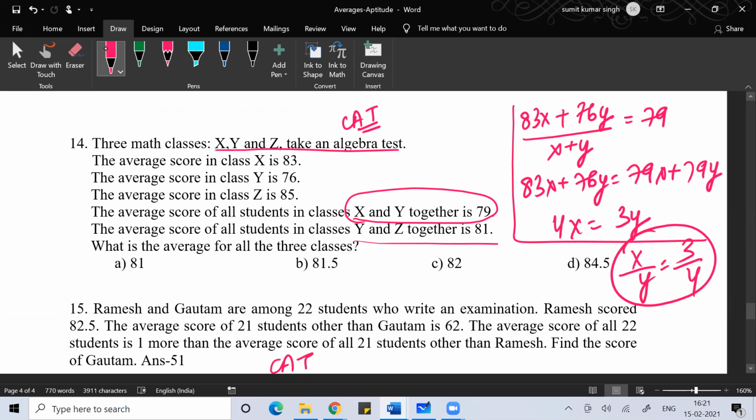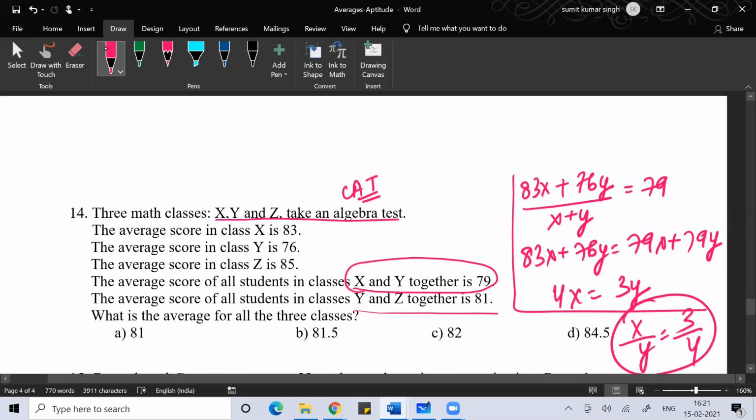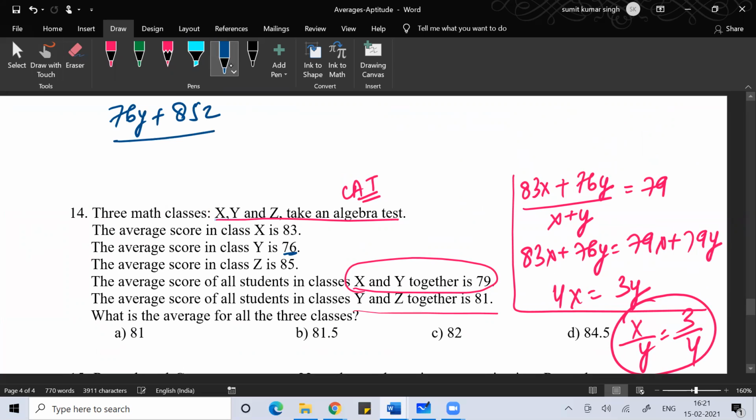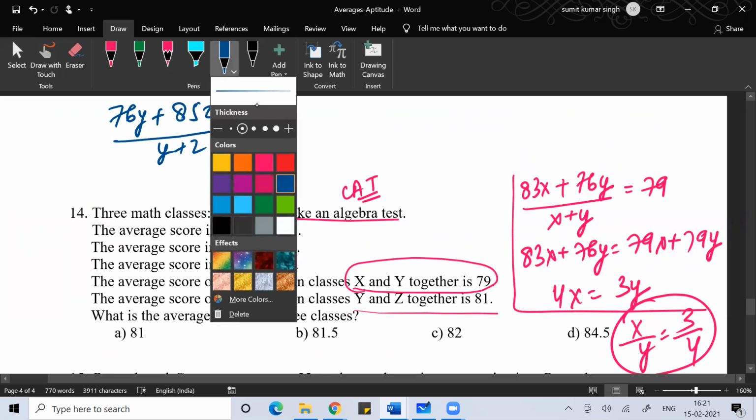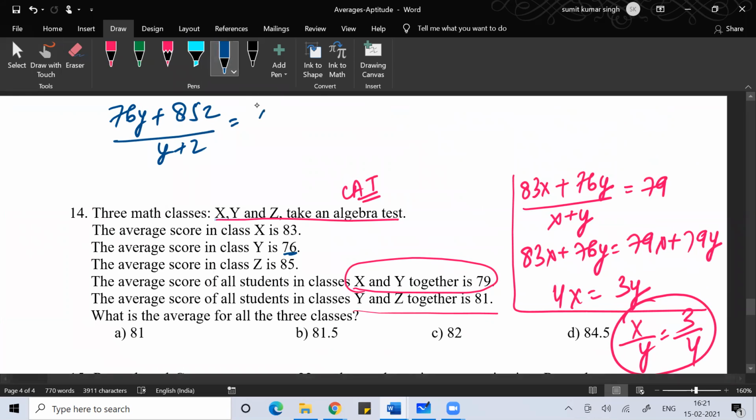Similarly, the average of y and z is 81. So the total is 76y plus 85z, divided by y plus z, and the average is 81.